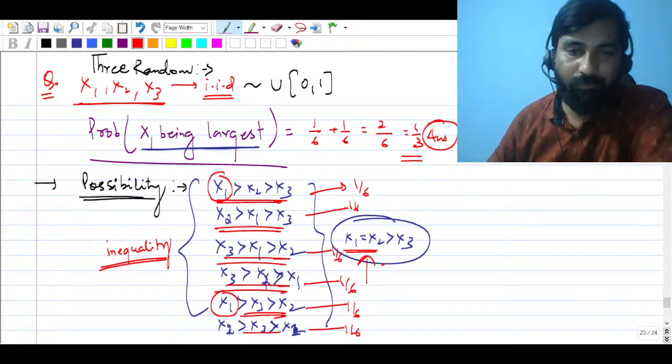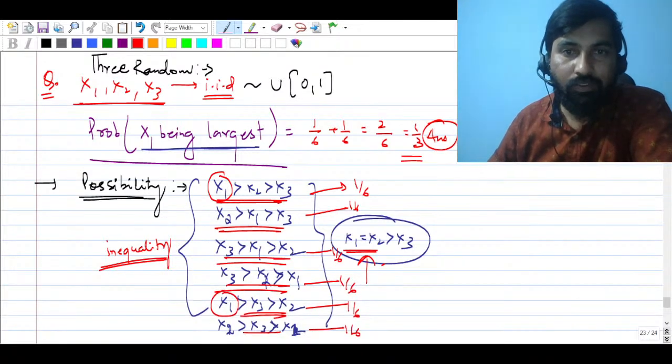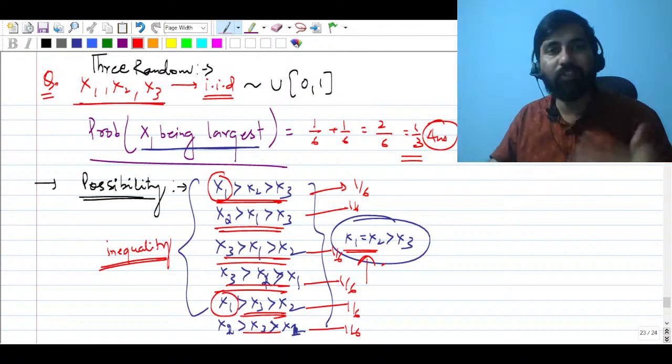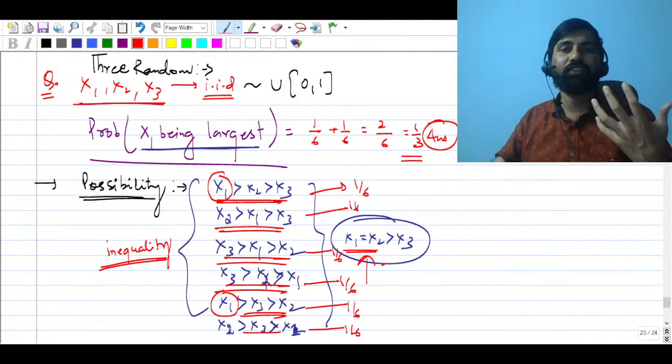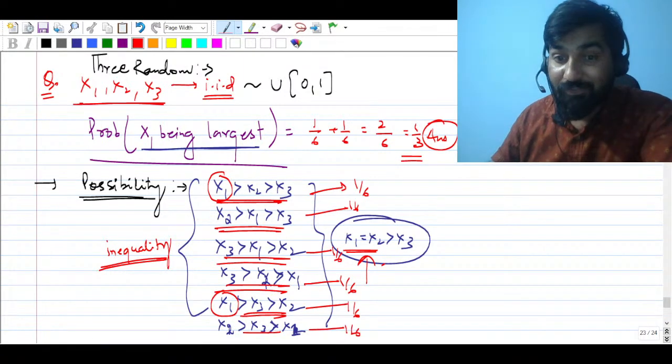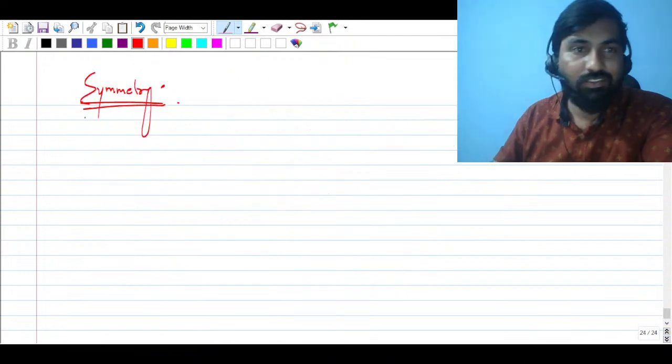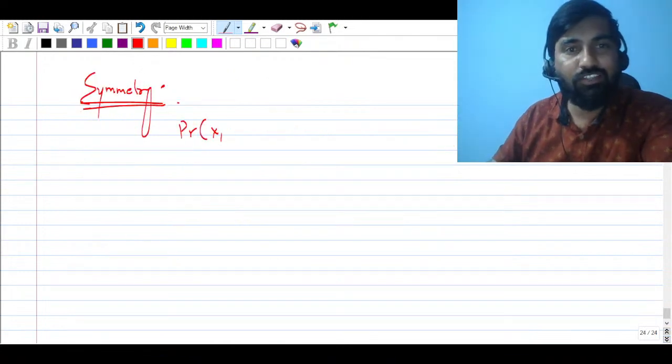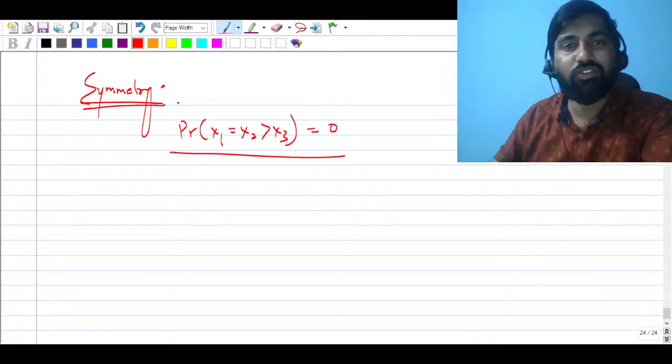Understand? So always go for some symmetry concepts, and you will find the problem very easy. And if they ask, what is the probability that x1 is equal to x2 greater than x3, it is going to be zero always.